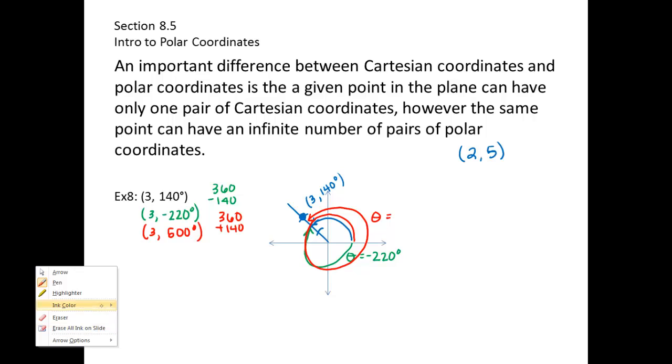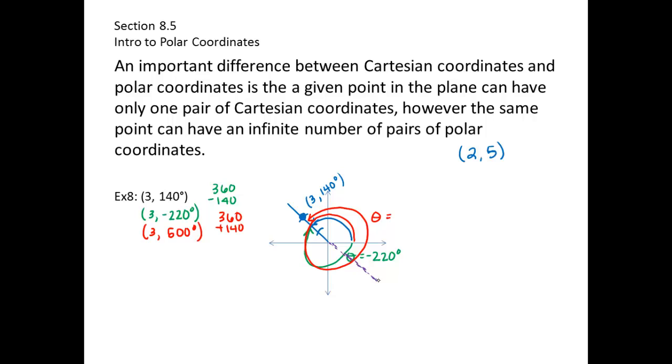So grabbing another color yet here, let's try purple. If this is 140, and I wanted to look over here at this measure, how can I get it to go from the positive x-axis to here and then through so that we land in the second quadrant?